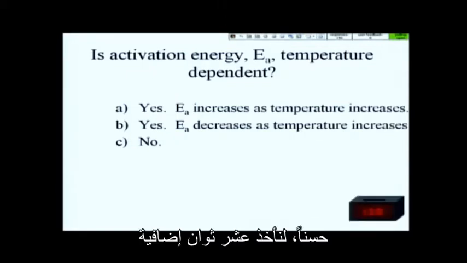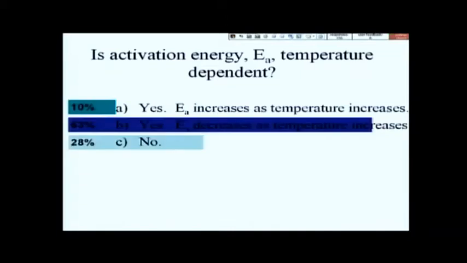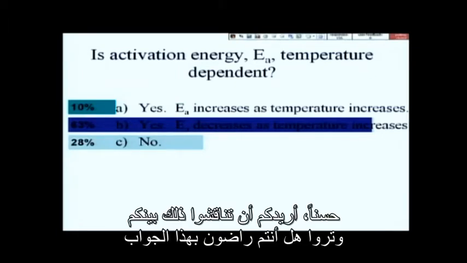All right, let's just take 10 more seconds. All right, so I'd like you to discuss this amongst yourself and see whether you're happy with this answer.